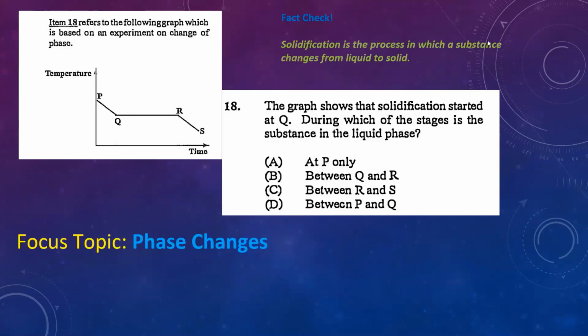Solidification is the process in which a substance changes from liquid to solid, and therefore if Q to R is showing solidification, so it started at Q and it will finish at R, then it means that between P and Q, the substance would be a liquid, because it would start to solidify at Q and finish at R. So P to Q would be the stage when it is a liquid. So between P and Q, that's D.